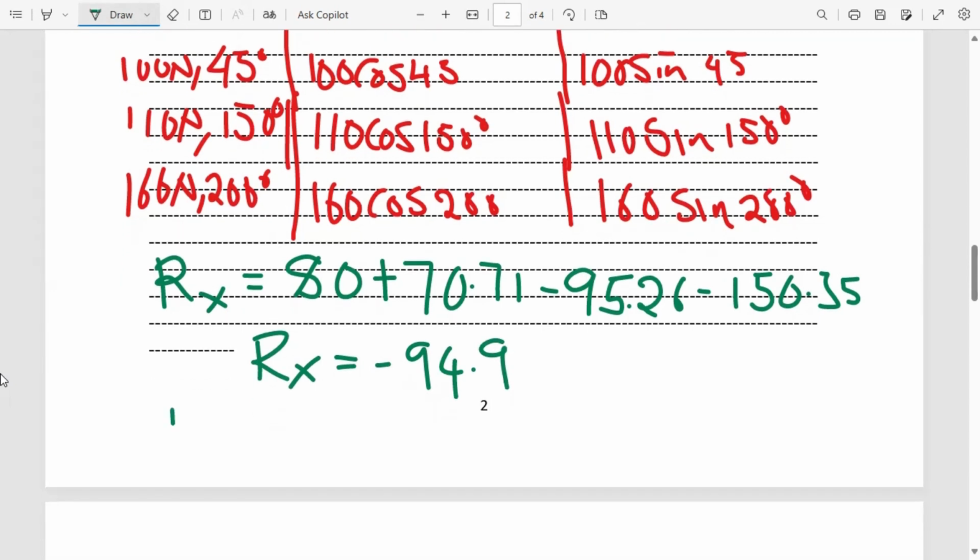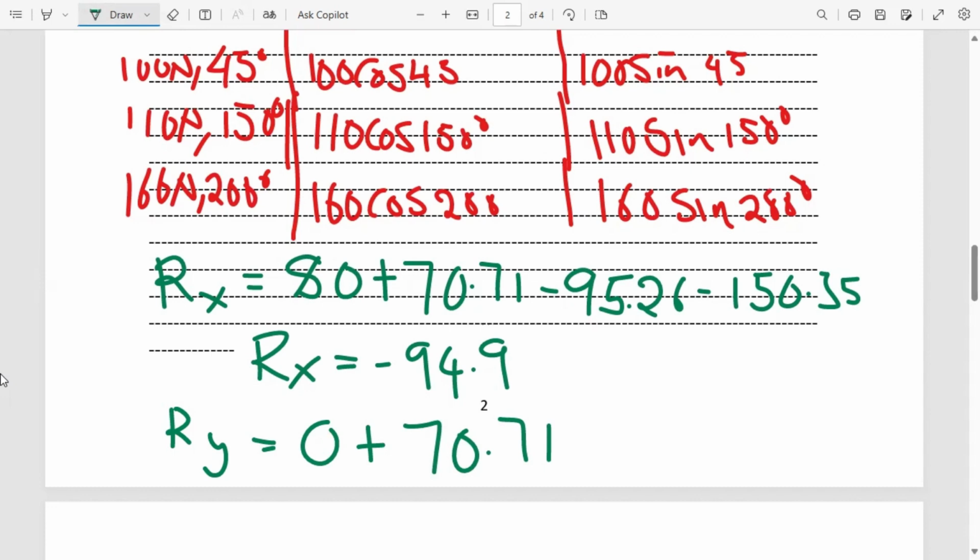Then let's go to our Ry. We're going to use the same approach. So let's say 80 sine 0, which is basically going to give us a 0, plus 100 sine 45, which is giving me plus 70.71.